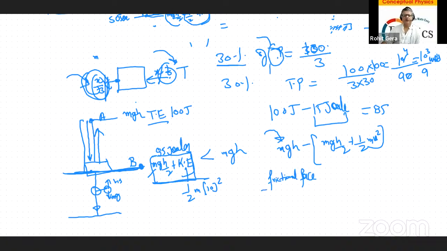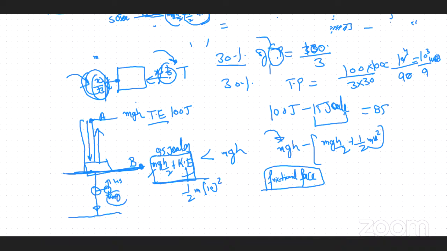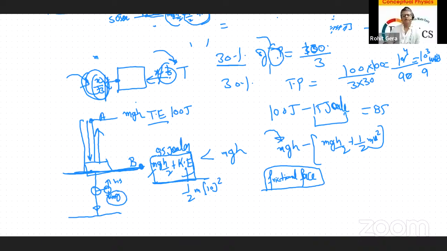How much will its work done be? You are gaining kinetic energy. So how much was your initial energy here? You started with mgh by 2 plus some kinetic energy, right? Now the kinetic energy will not change because you are now at constant velocity.